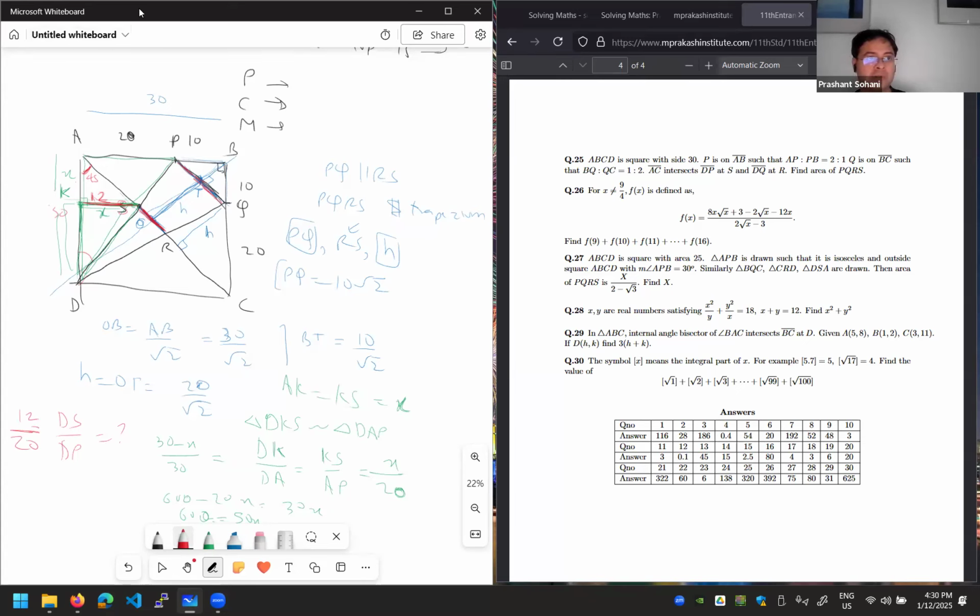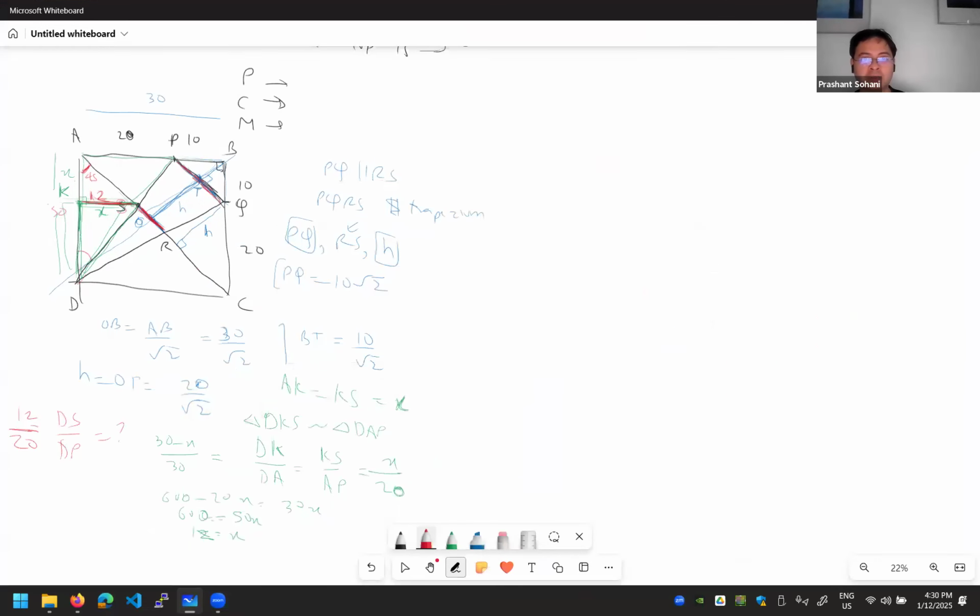Again, I'm in solving mode, I don't want to give proofs of everything here, but in a proper exam we will have to give proofs of everything. But right now, just assuming that we are interested in just calculation, I can write PQ upon RS is 20 upon 12, so therefore RS will be PQ into 20 by 12, which is 5 by 3 after cancelling 4. And PQ we had found earlier.